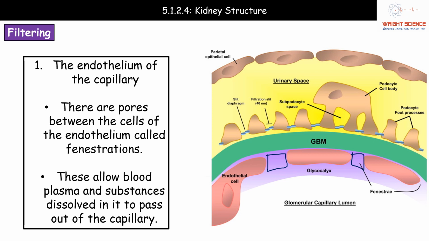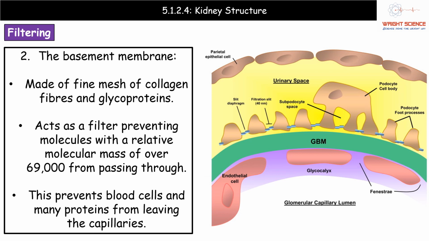They're not huge gaps. They're not like massive holes through the wall of the capillary. They're actually relatively small. And what they're able to do is just allow the blood plasma and any substances that are dissolved within the blood plasma to move from the lumen of our capillary and then come into contact with the next bit, which is the basement membrane.